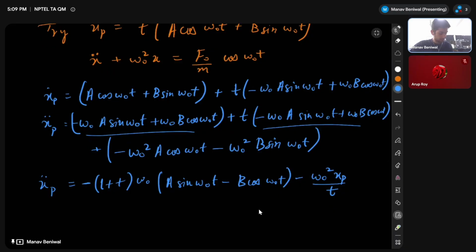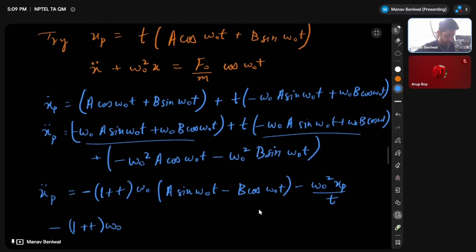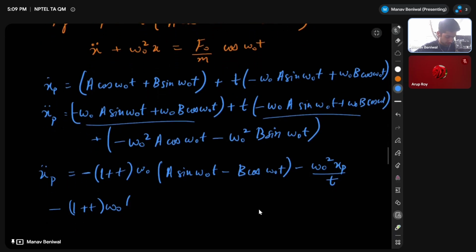So basically we have minus 1 plus t omega naught, and this entire thing, minus omega naught squared xp over t plus omega naught squared xp, equals f naught over m cos omega naught t.